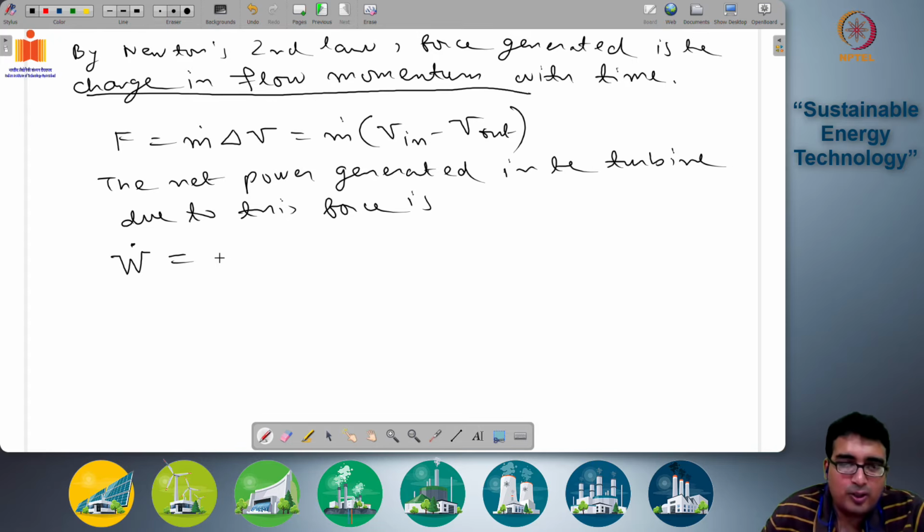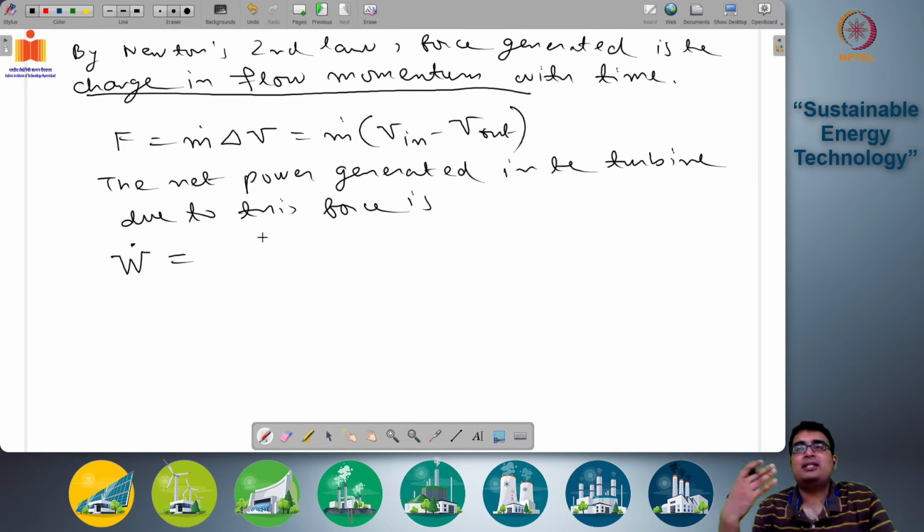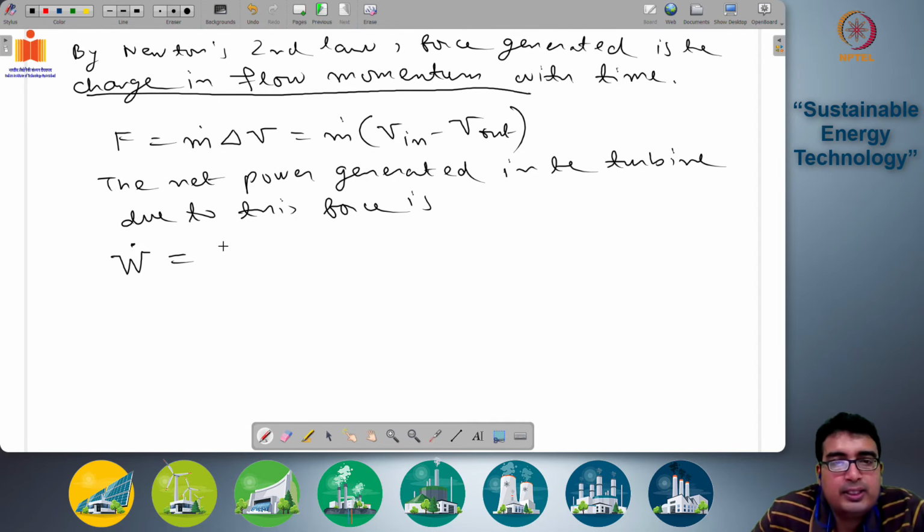Now this is force. Force into velocity is power. And what is the velocity of the wind at the turbine cross section? It's V. Okay. So the force generated into the velocity of air at the turbine cross section is the net power generated by the changing wind speeds on the turbine. Okay. So this is F into V.